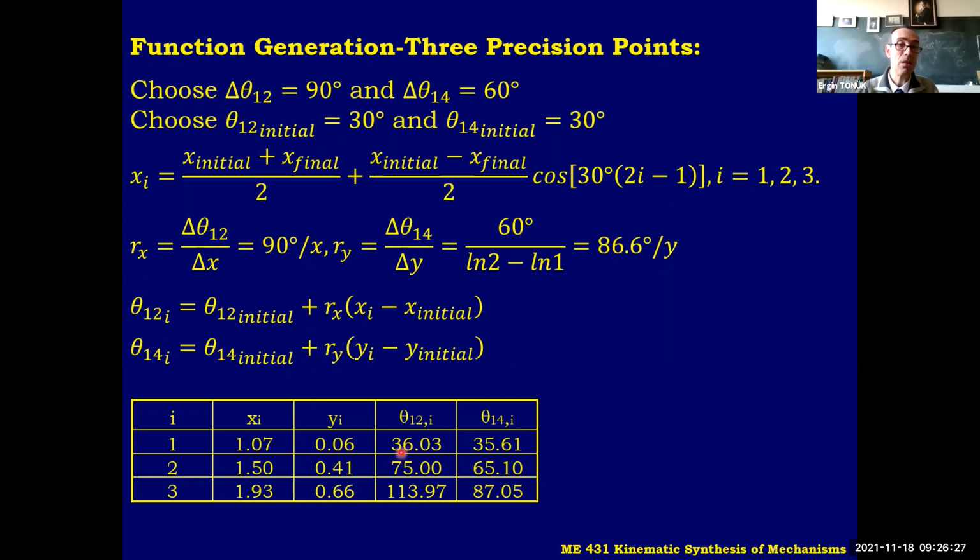And this corresponds to a crank angle of 36.03 degrees. We had selected initial as 30. So by using this formula, it corresponds to 36.03 degrees. And this corresponds to the follower angle.